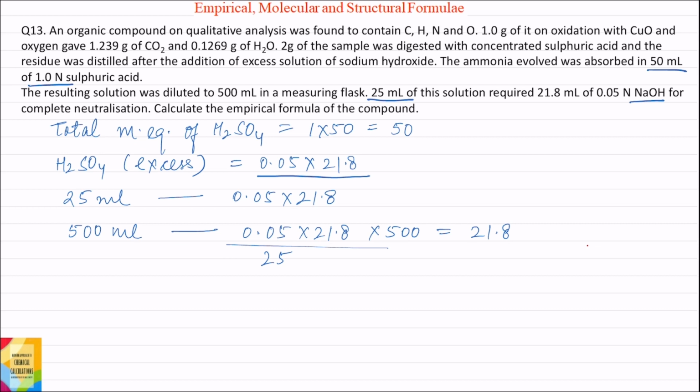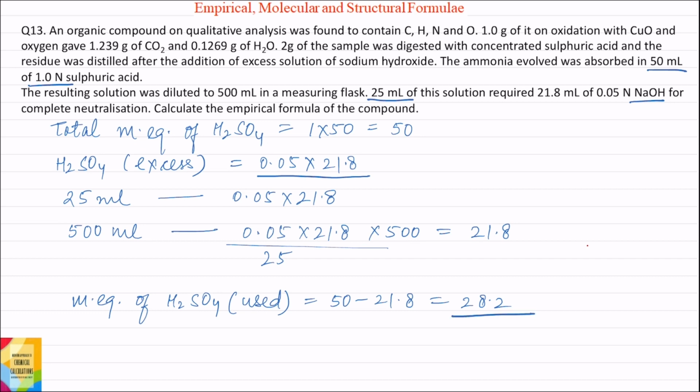Therefore, milliequivalents of H2SO4 used in the reaction will be equal to 50 minus 21.8, which is equal to 28.2 milliequivalents.